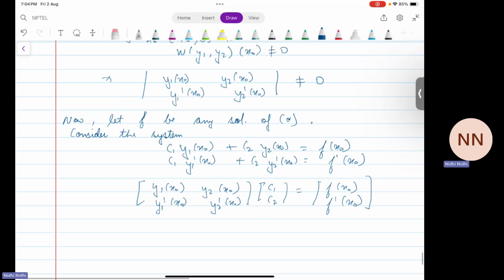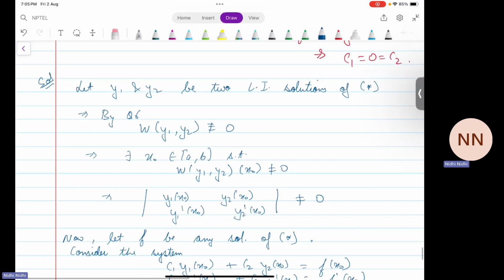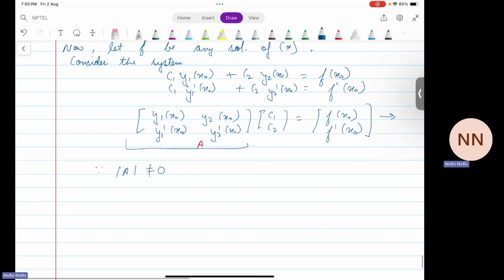Now if we take this matrix to be A, since the determinant of A is non-zero, the system, let's number it as 1, has a unique solution.